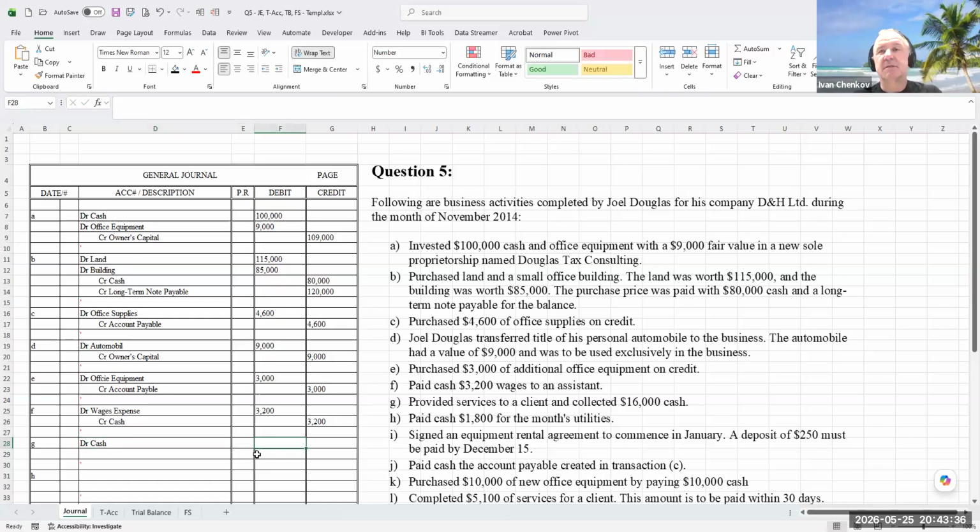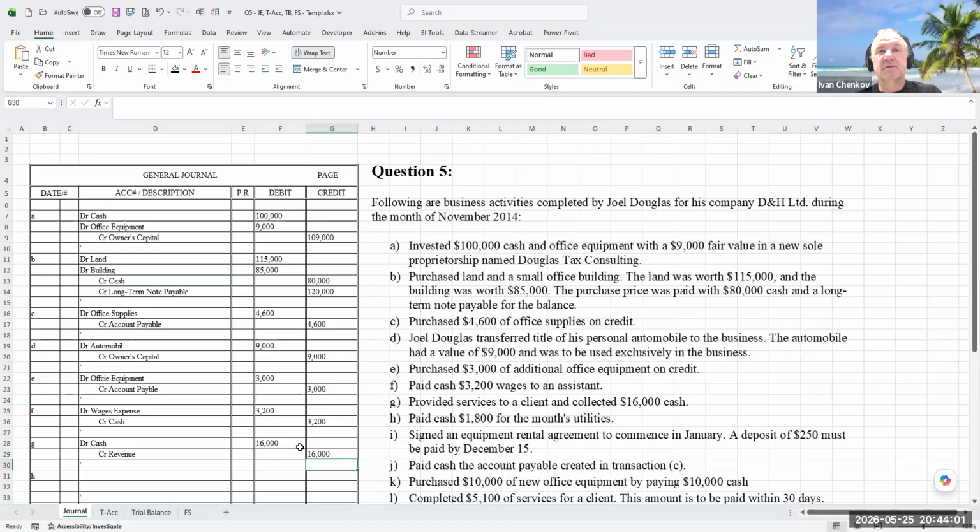How much cash did the business get? 16,000. Why did we get the cash? Because we provided service to our client. For us, that's a revenue. And since it's revenue, the only logical thing is credit, so let's credit this revenue for $16,000.